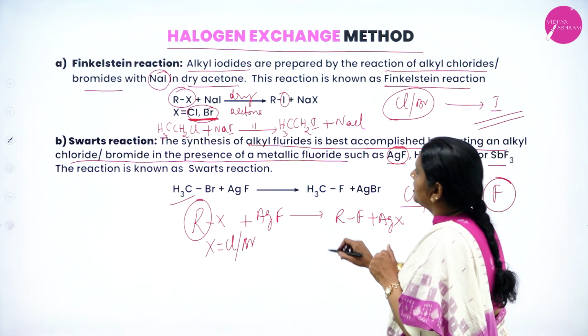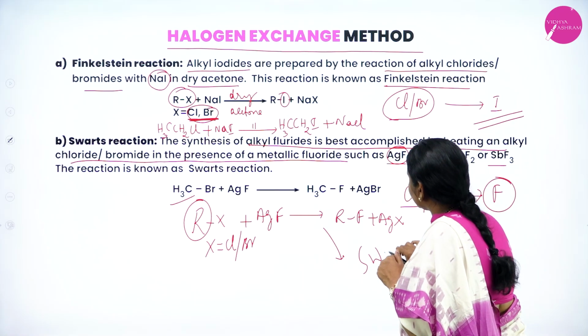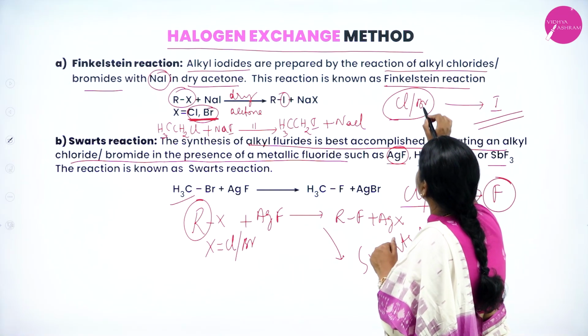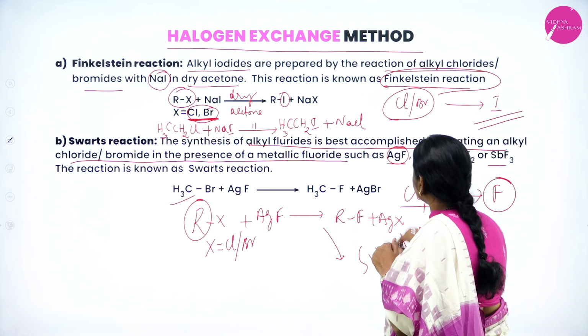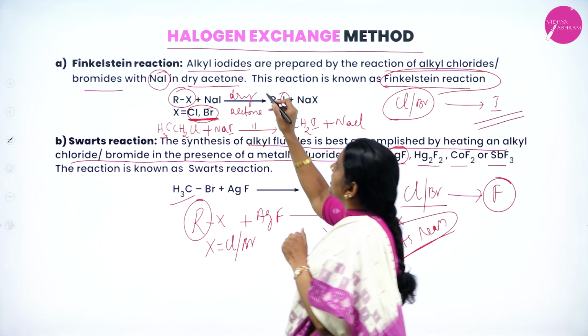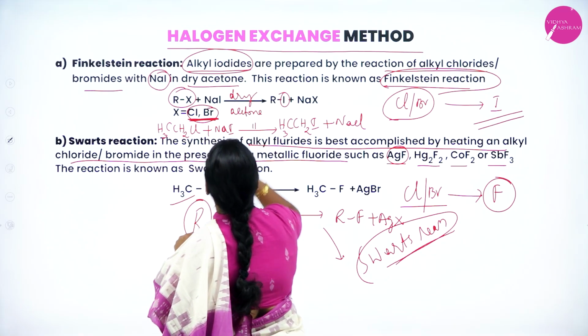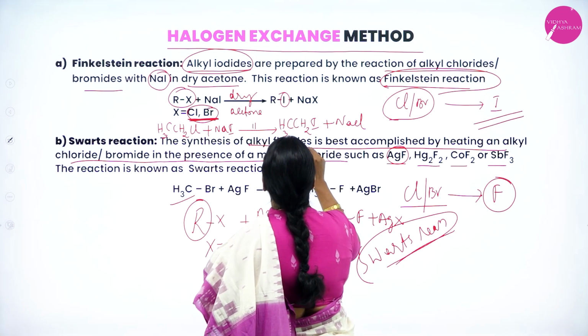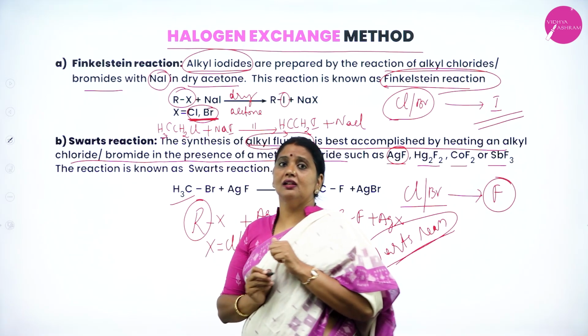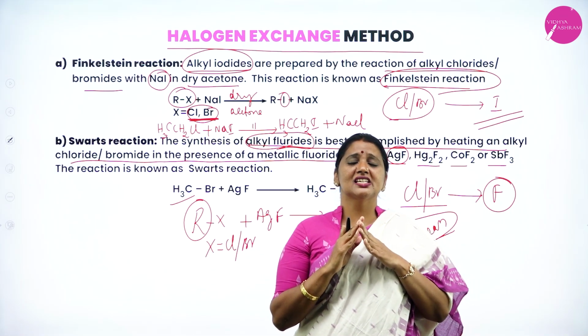This reaction is called the Swarts reaction. Therefore, one is the Finkelstein reaction, and the second one is the Swarts reaction. In the Finkelstein reaction, we can prepare alkyl iodides. In the Swarts reaction, we can prepare alkyl fluorides. Here we are just changing the halogen.